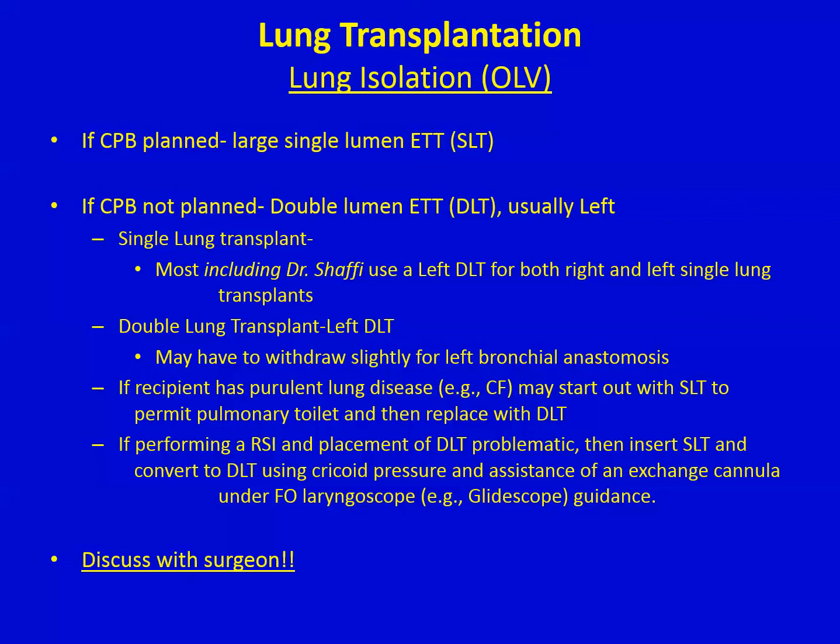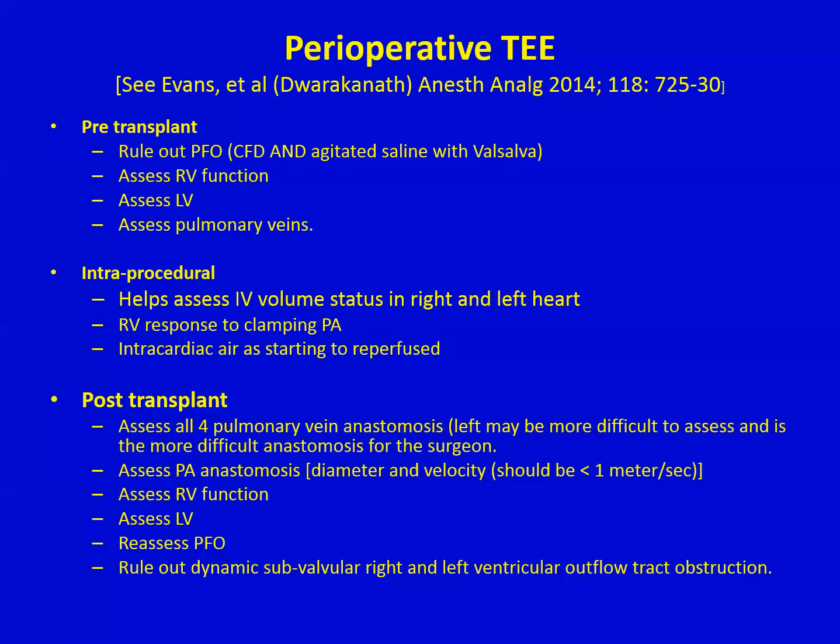As I mentioned, if they have purulent lung disease, you may start out with a single lumen tube, and if you're doing a rapid sequence induction and placement of the double lumen tube is problematic, then you may start with a single lumen tube and then convert to a double lumen. In all cases, discuss the type of intubation with the surgeon.